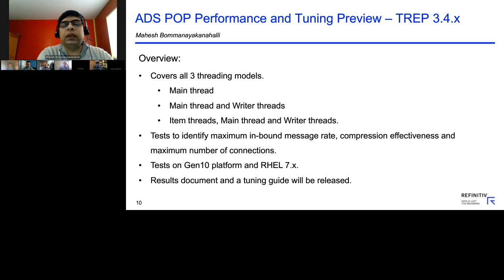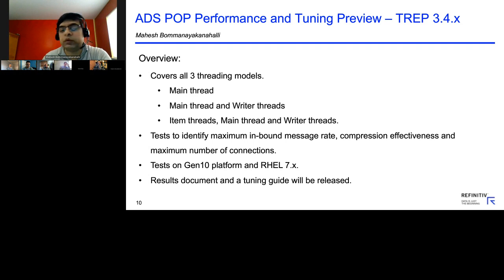So the goal is to cover all of these threading models, give various examples and use cases where it may be important to increase the item threads, what is the functionality of each thread, and how does it fare when you introduce various scenarios. So we will do at least 3 major themes of test.